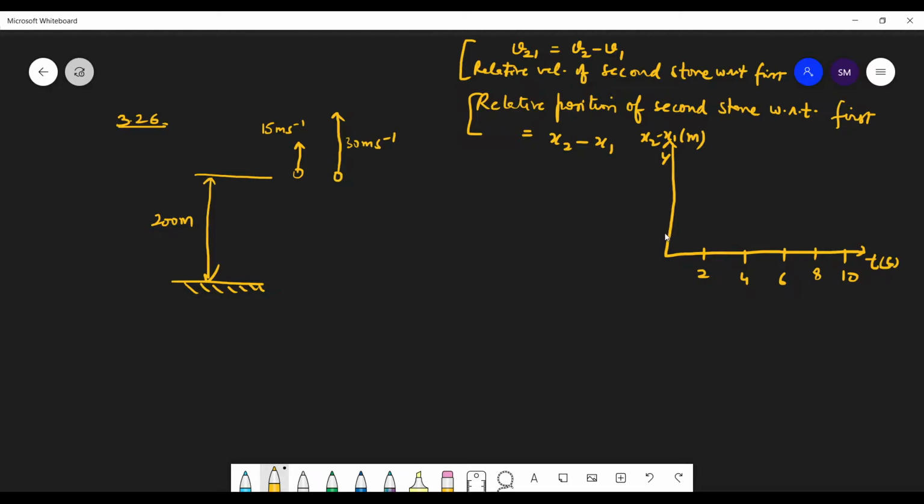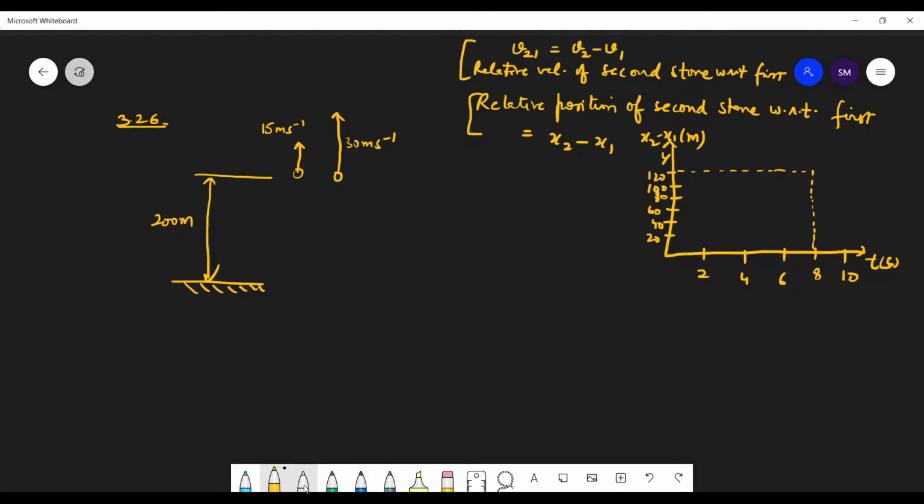And this is your relative position: 20 meters, 40 meters, 60 meters, 80, 100, 120 meters. So I have a point here at 8 and 120.